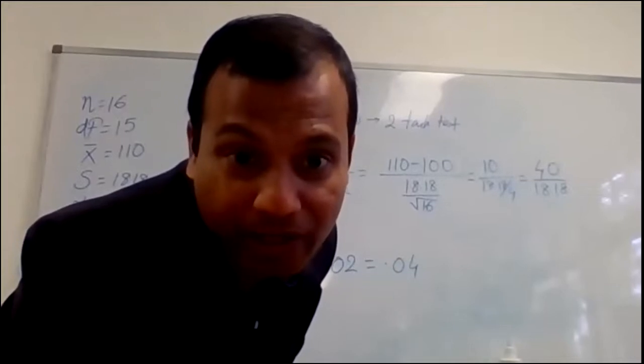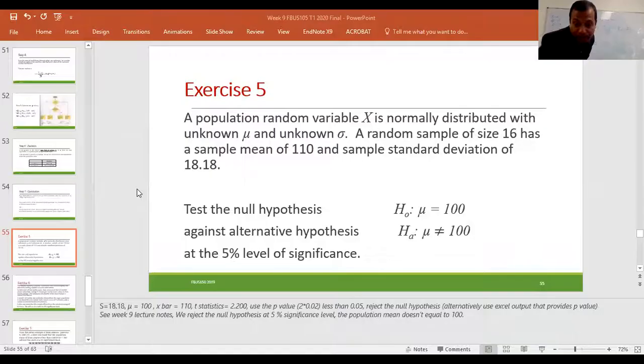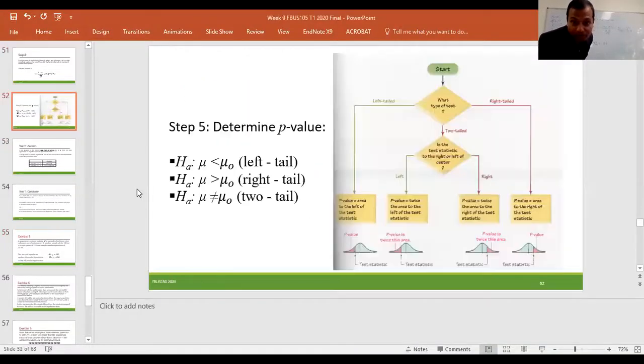Because I already shared this chart with you. It says that in the case of two-tail, the p-value will be twice the area to the right of the test statistic, whether right or left, it is twice the area. So in that case, the p-value is 2 times 0.02, so 0.04.